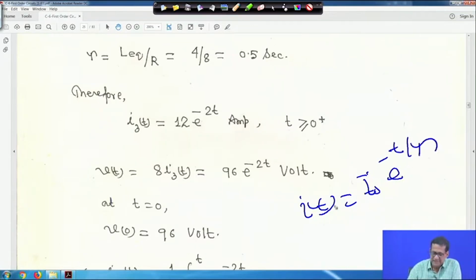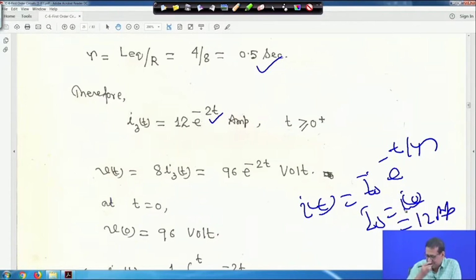Here also, I3(t) is equal to the initial current ILEQ(0), which is 12 ampere, and tau is 0.5 second. In this case, since tau is 0.5 second, the exponent becomes minus 2t, and I0 is the combined initial current of the inductors, 8 plus 4 equal to 12 ampere. That is why it is 12 e to the power minus 2t ampere, for t greater than 0 plus.